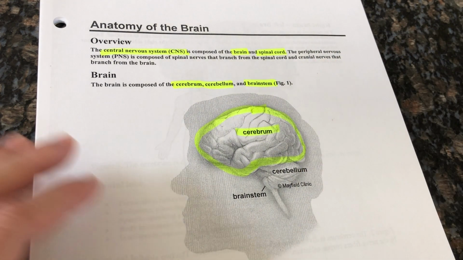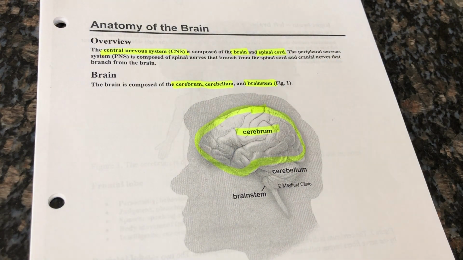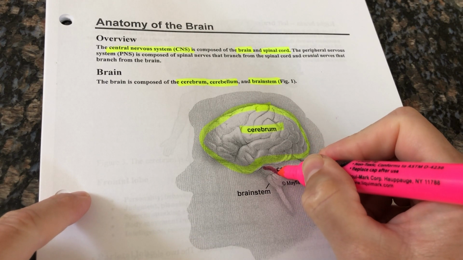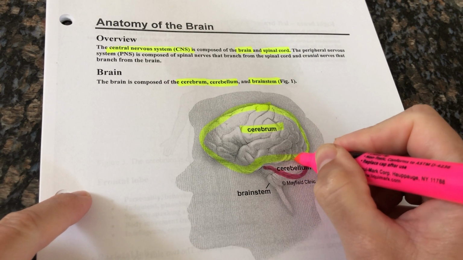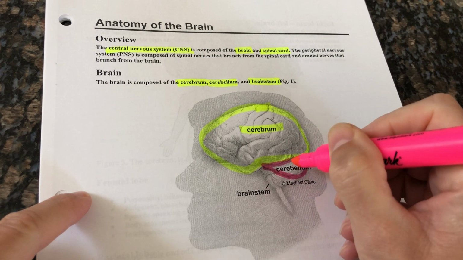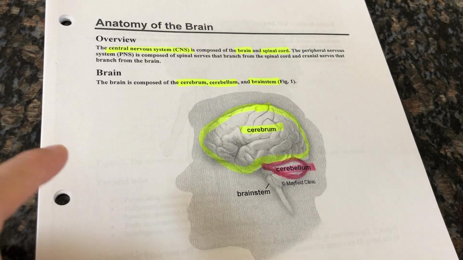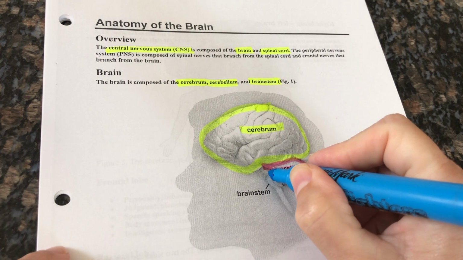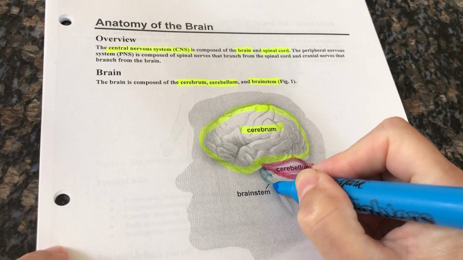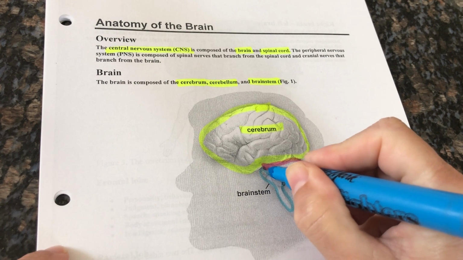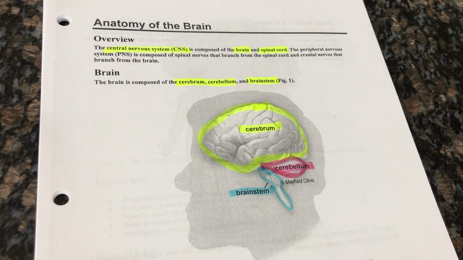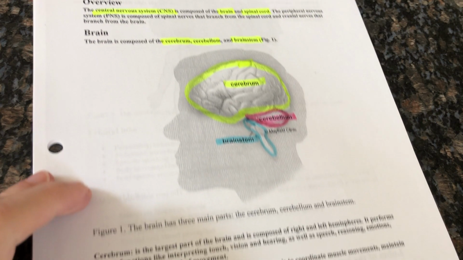Next we would have the cerebellum, which is right down here, and it's quite easy to find because it's right under the cerebrum. And then lastly, you've got the brainstem, which is all in this area here. So, three major sections of your brain.